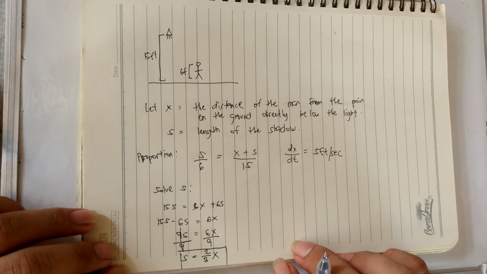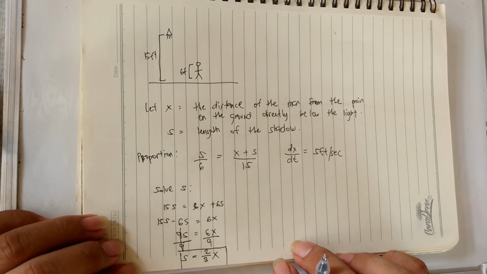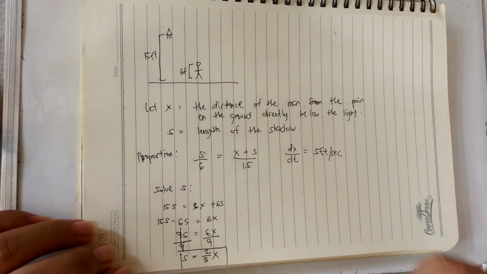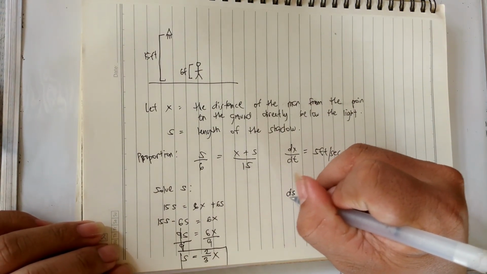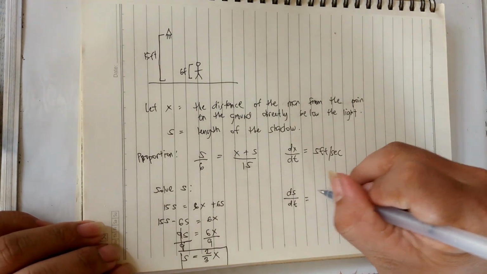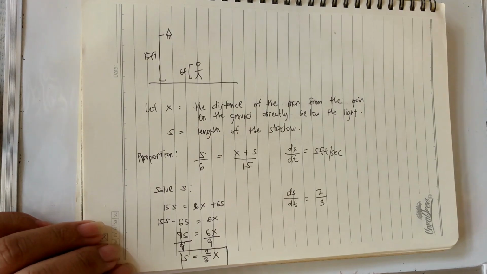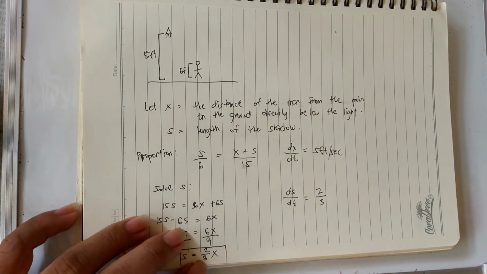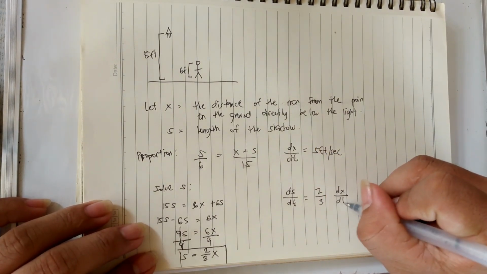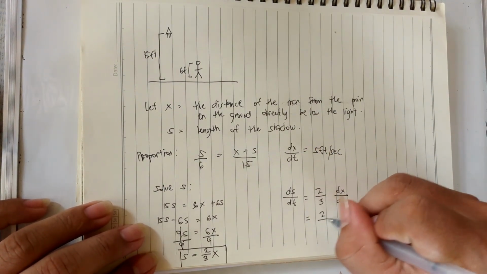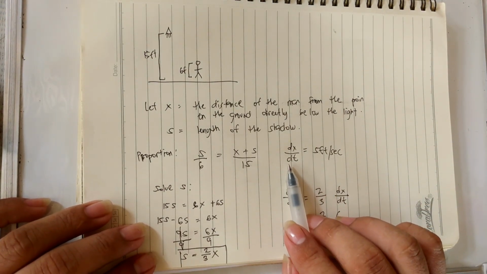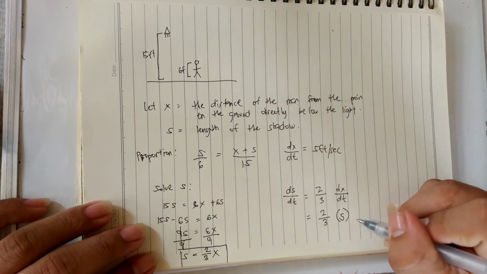So next atong buhaton is ato na siyang kwaon ang kapaspason sa shadow sa tao. So we have ds dt is equal to 2 over 3 dx dt, which is 2 over 3 multiplied by the value of our dx dt, which is 5.